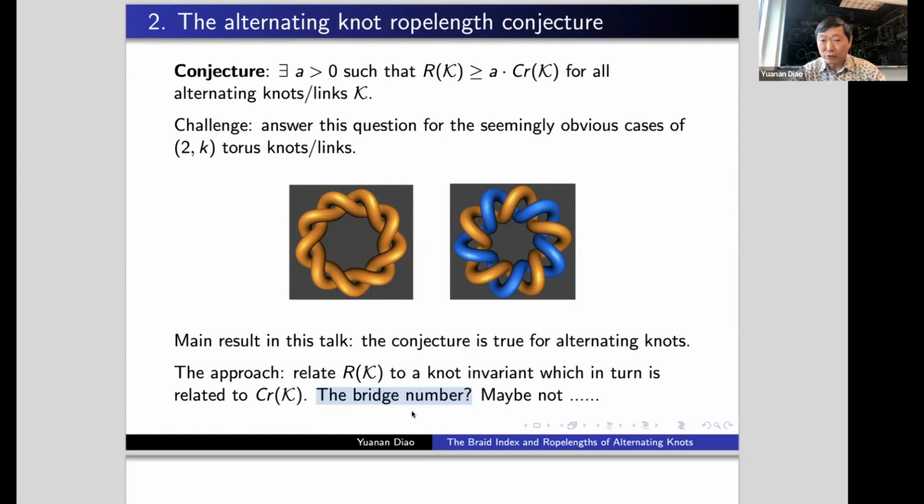So if the bridge number is 2, that means from any direction you look at the curve, it has to have 2 maxima, 2 minima. And those maxima and minima, when you think of a rope, require the rope to turn, and that will require a certain amount of rope to realize those turns.